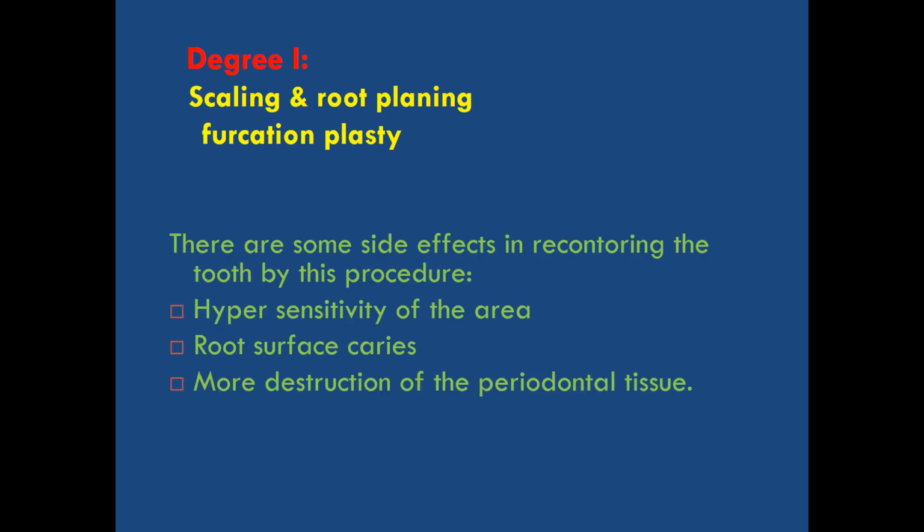We will start with the treatment of degree 1 furcation involvement. It includes scaling and root planing, which is removal of the hard and soft deposits from the tooth surface and from the root. And the furcationoplasty, this procedure is used in order to widen the narrow entrance of the furcation area.